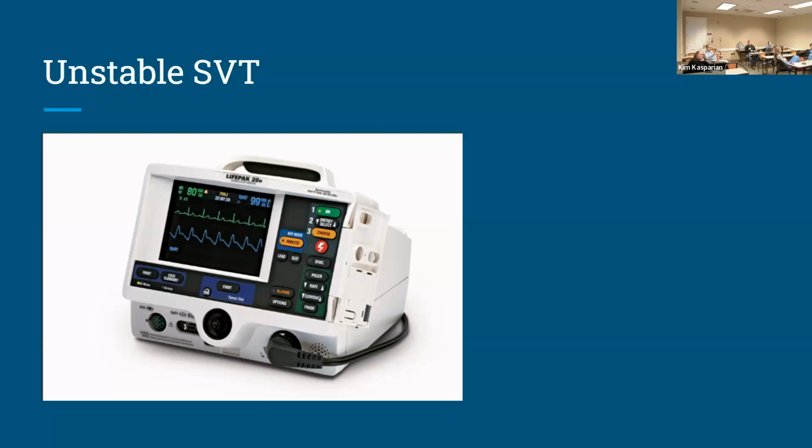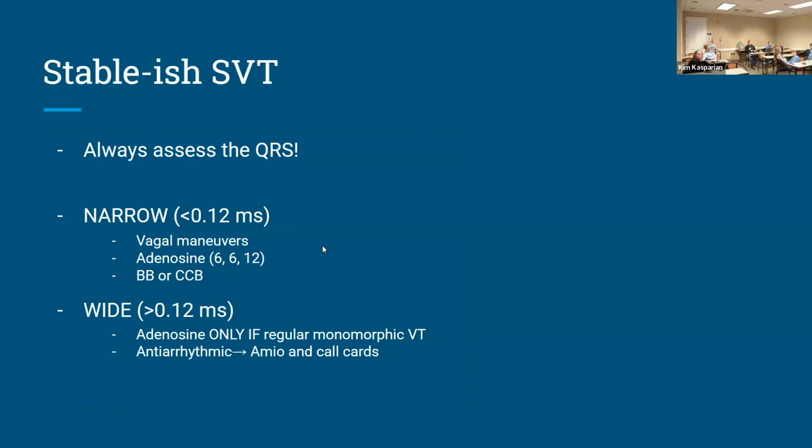So unstable basically equals cardioversion when it comes to SVT. Especially with hypotension, because any medicine you give that reverses this is going to cause hypotension, metoprolol, diltiazem, whatever. Amiodarone may be the only one that doesn't really affect the pressure. So this one is a clearer picture: sync, charge, boom.